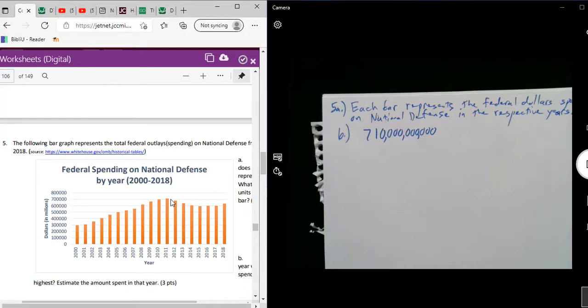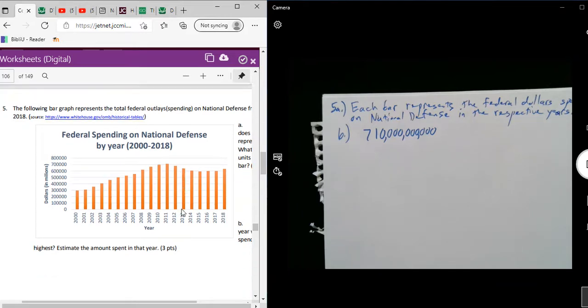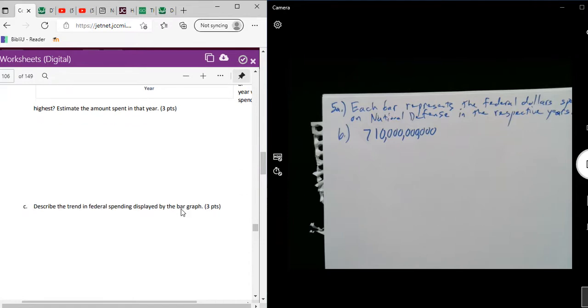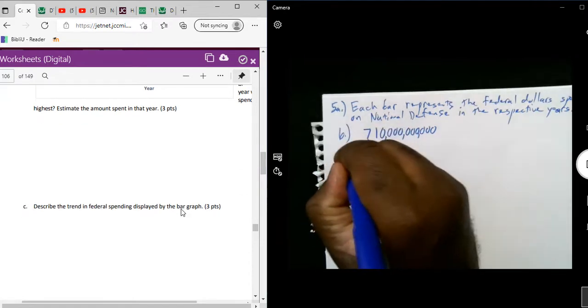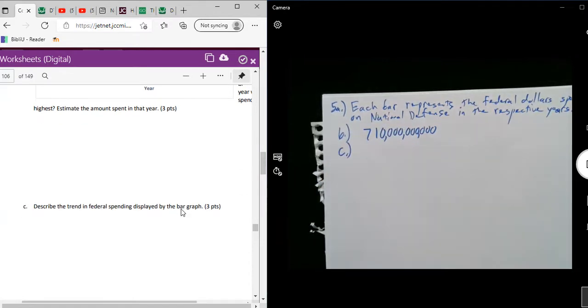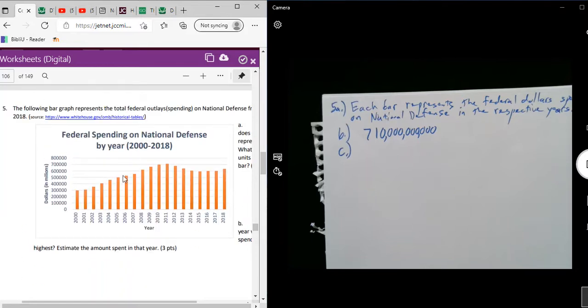All right, now C, and of course we know that's an estimate. C, describe the trend in federal spending displayed on the bar graph. Okay, if you look here, it looks as though federal spending was going up until 2011, and then it started going down and then started back up again.